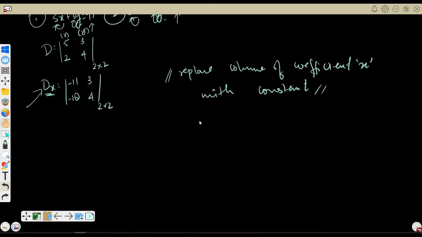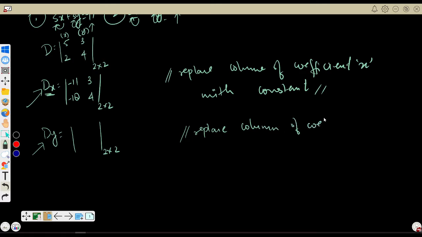After this we need to form one more determinant, that is dy. Now how to form this dy? Again, dy is a determinant of 2 cross 2 order. Fine. Now when we talk about dy, what we do, we replace the column of coefficient of y with constant.